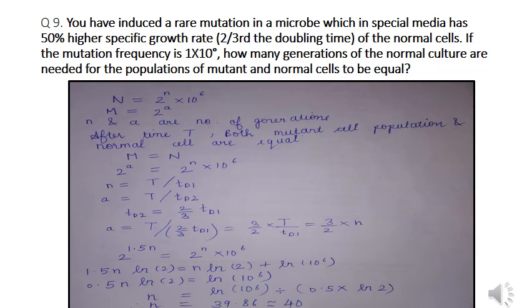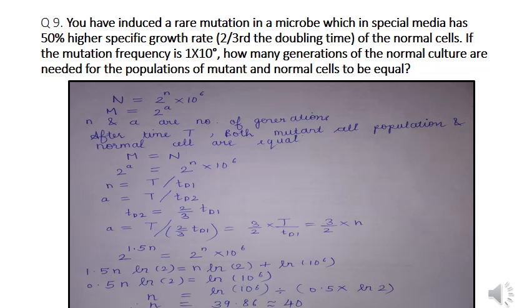That is, m is equal to n. So n is equal to t divided by the doubling time for normal cells, t divided by td1, and a is equal to the total time required for reaching the a generation, that is t divided by td2.